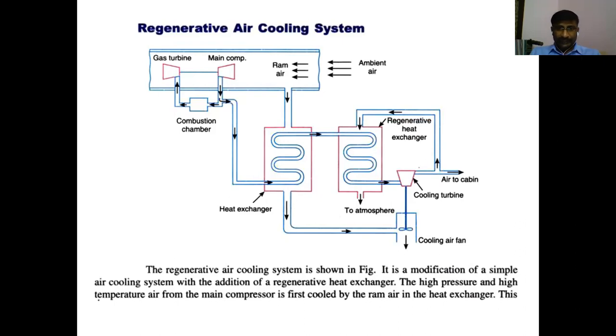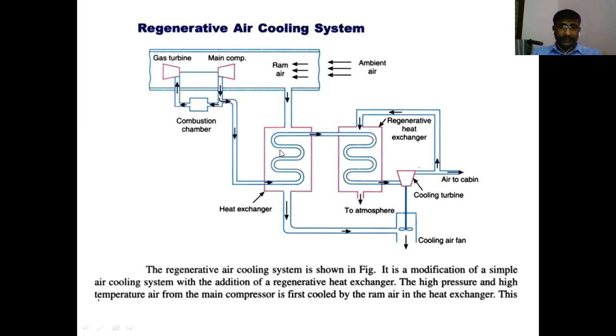That bled air, the extracted air, will be utilized as a cooling medium in the regenerative heat exchanger, because this expanded air has a low temperature. Therefore, a further cooling process takes place in the regenerative heat exchanger. That is, cooling occurs in the system in two stages.